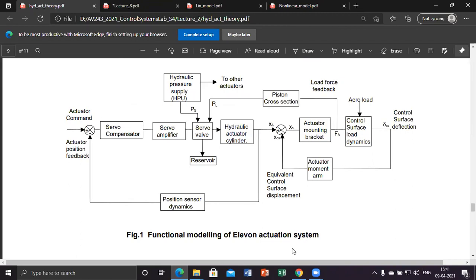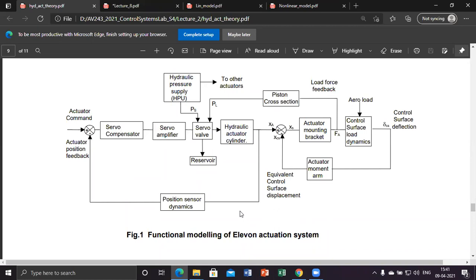A functional model means any system is a collection of multiple subsystems, each subsystem having a particular function. Such functional subsystems are represented by different blocks, and the physical sequence of connection is shown in a neat diagram.